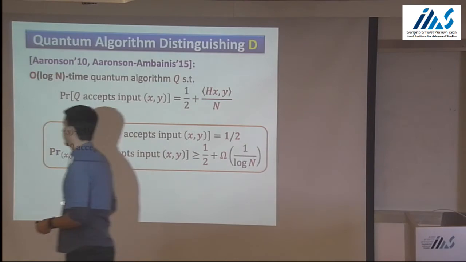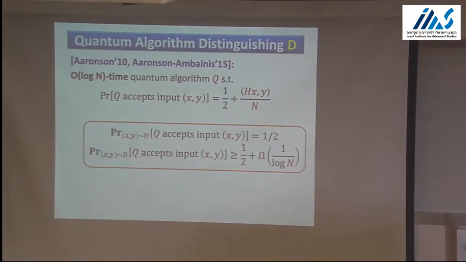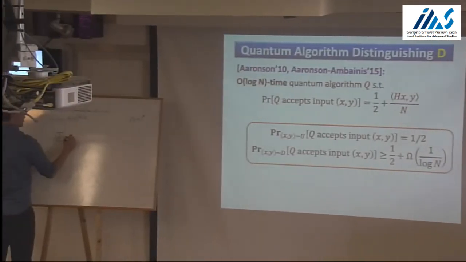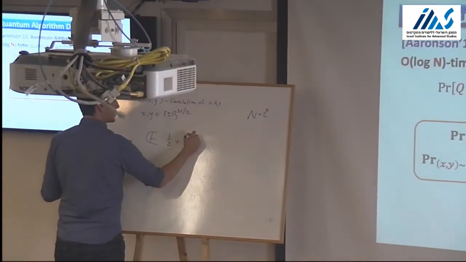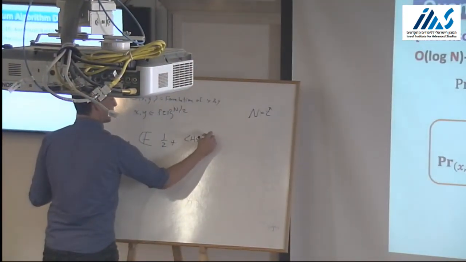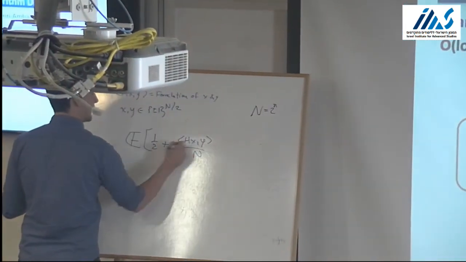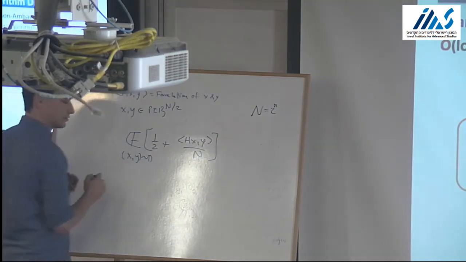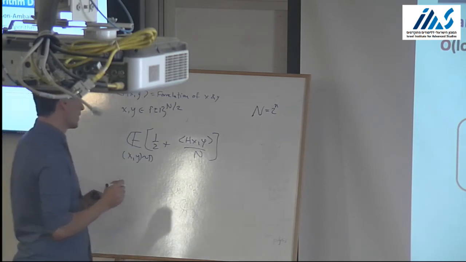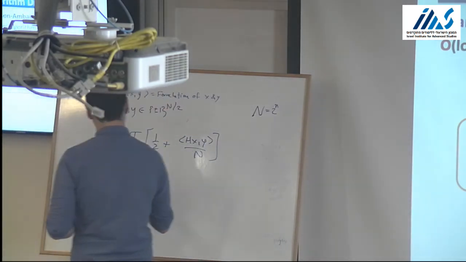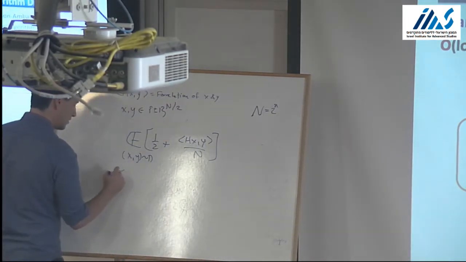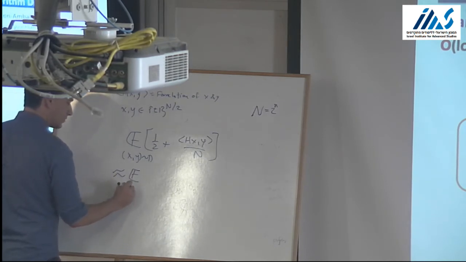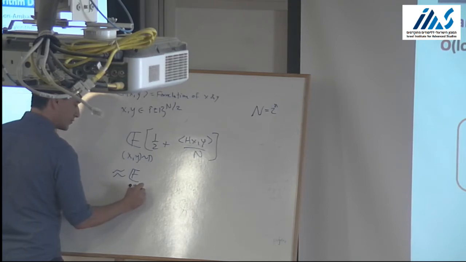So really I want to understand what is the expectation of 1/2 plus the inner product of Hx with y divided by n when x and y are sampled according to this D distribution. So I claim that this is similar, and this is based on this randomized rounding, to what would happen when I sample x and y to be Gaussians.